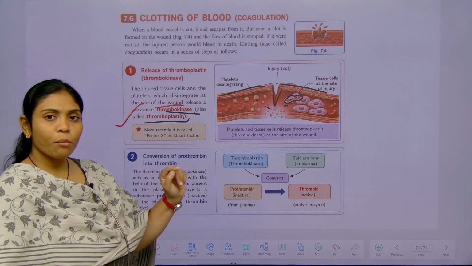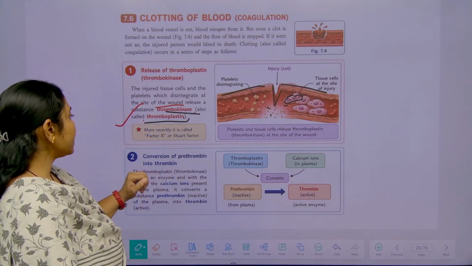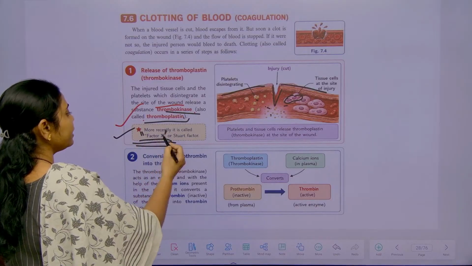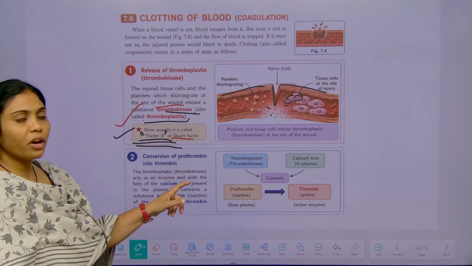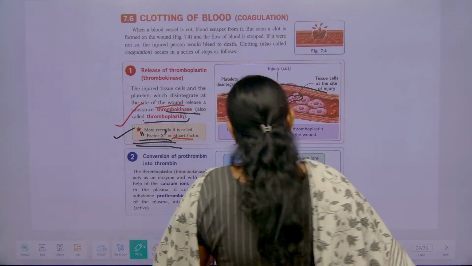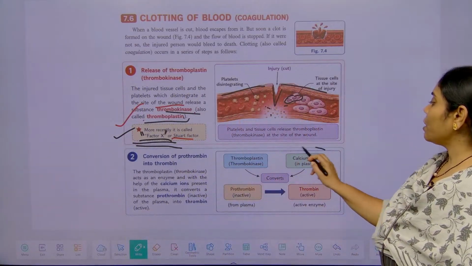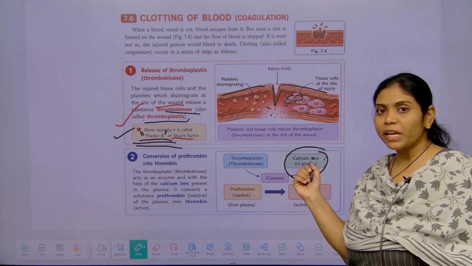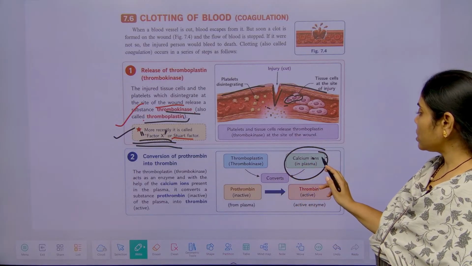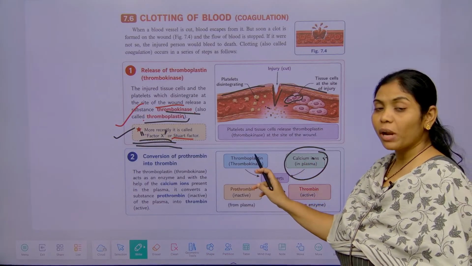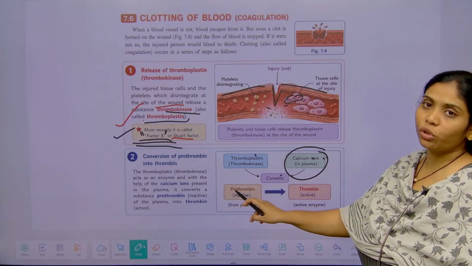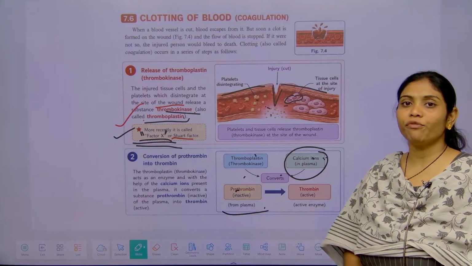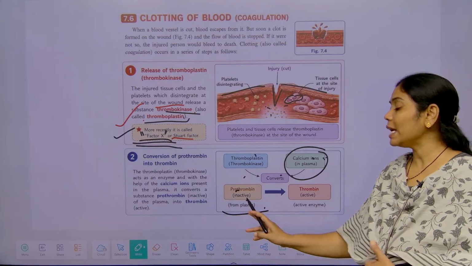What is that? Thrombokinase or thromboplastin, which recently we also call factor 10, the start factor. This thrombokinase, in the presence of calcium ions, which are present in the plasma, converts prothrombin. This prothrombin is also present in the plasma, but in inactive form.